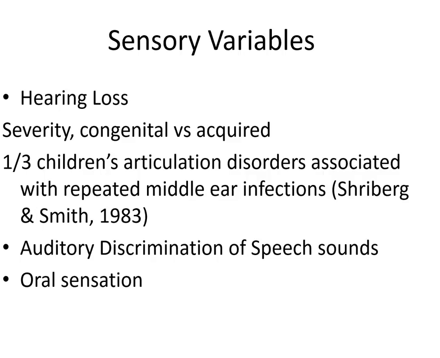This is an extremely important topic because, according to a study by Schreiber and Spies in 1983, a third of the children's articulation disorders were found to be associated with repeated middle ear infections.